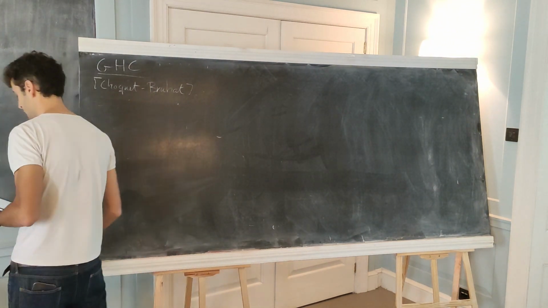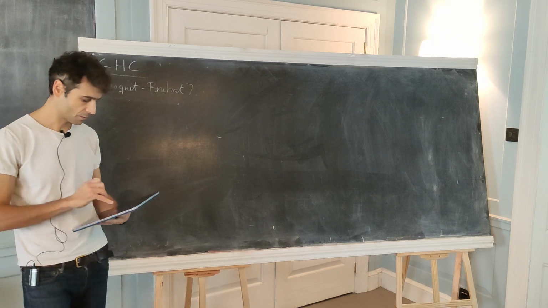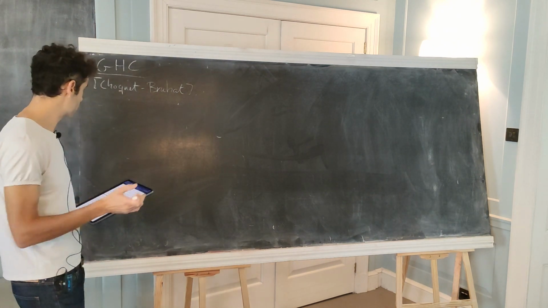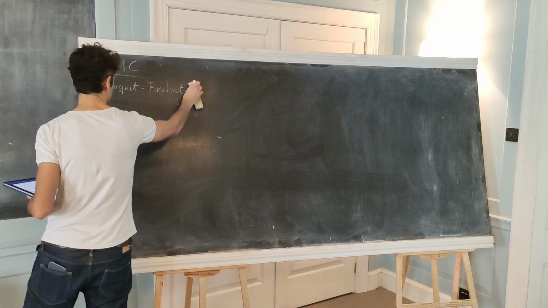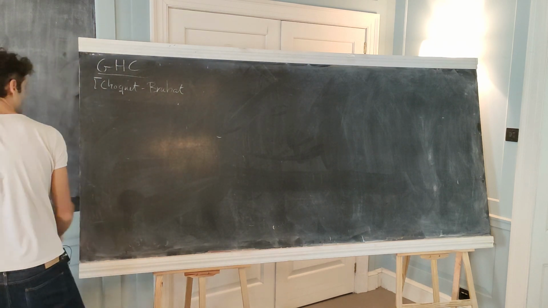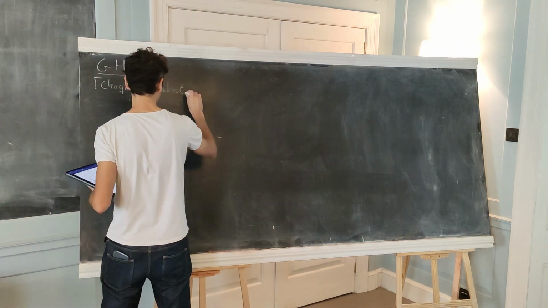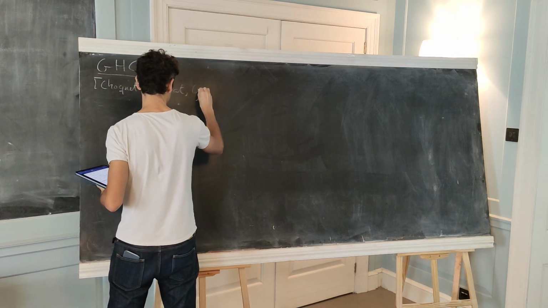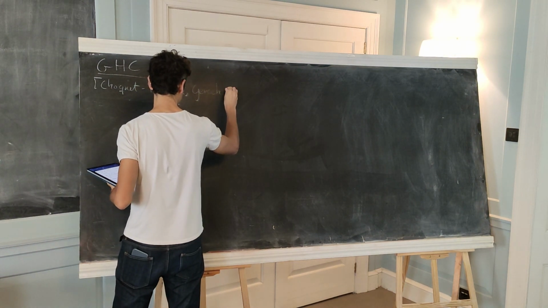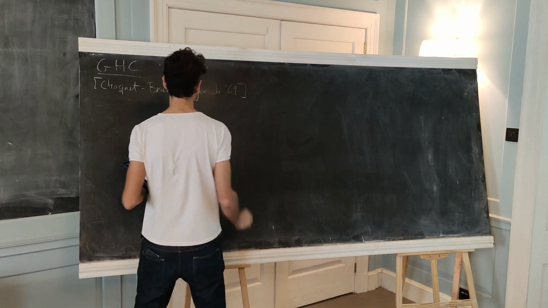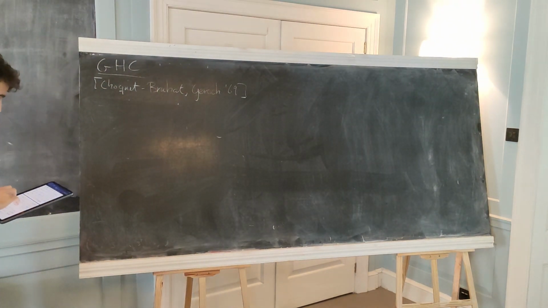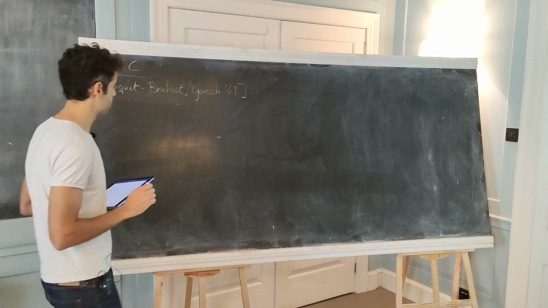The first theorem of this kind was proven by Madame Choquet-Bruhat in the 50s, but then this was later improved by Madame Choquet-Bruhat and Geroch in the 60s. I don't know, it's 69. And this says the following.